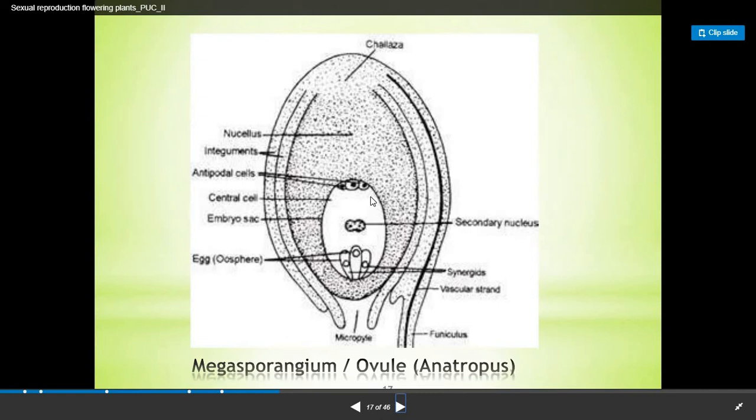Then the central cell is there. Here the whole is known as the embryo sac. Three cells are arranged at this end. They are known as antipodal cells that are arranged towards the chalazal end, and here the secondary nucleus is there. And these are the integuments, and under the integuments there is the nucellus portion.